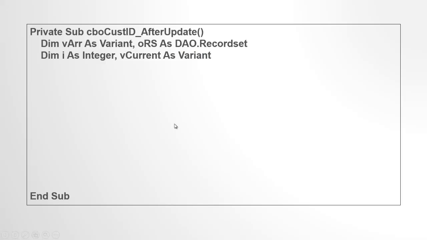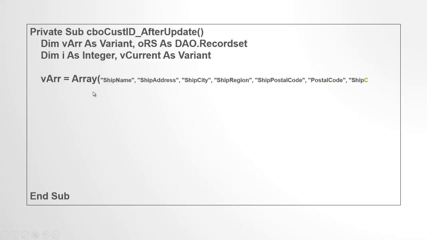Then we declare a counter, an integer, and another variant type, vCurrent. In vArray, which is a variant, we store an array by using the Array function based on these strings. These are the strings that we will use for the field names that we want to address and for the text boxes on the form besides.